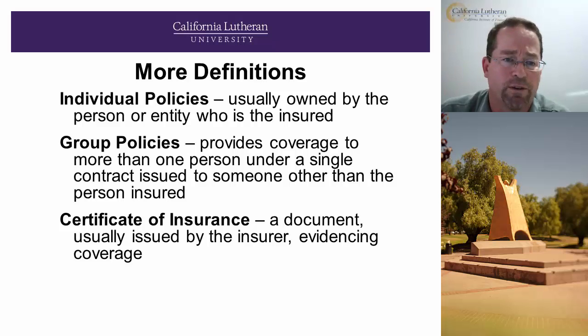More definitions for you. Individual policies, usually owned by the person or entity who is the insured. Group policies provide coverage to more than one person under a single contract that's issued to someone other than the person insured. A certificate of insurance is a document usually issued by the insurer evidencing coverage.